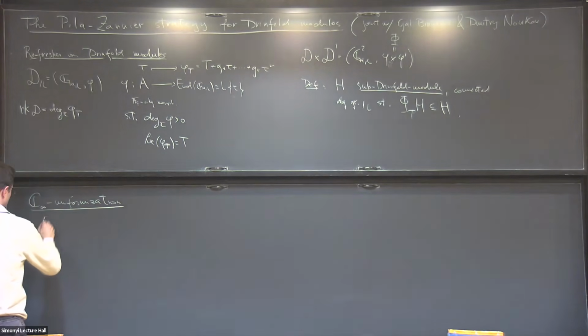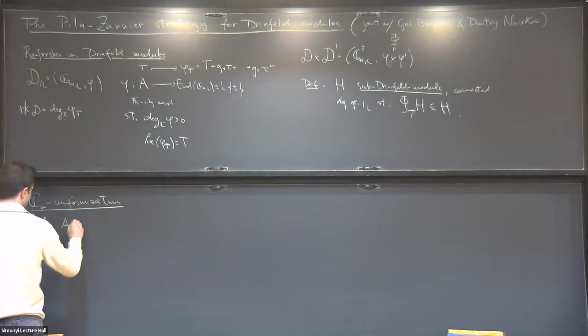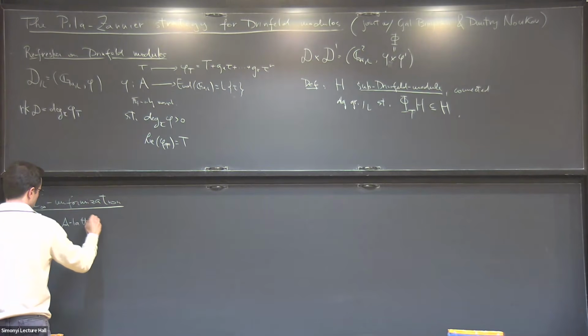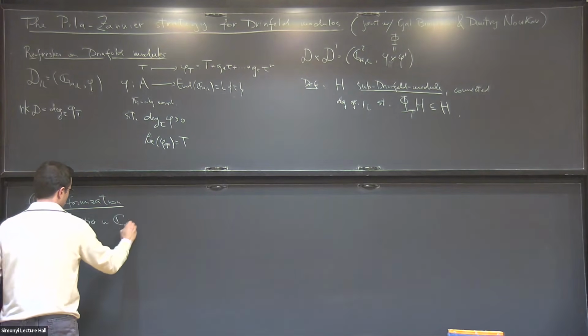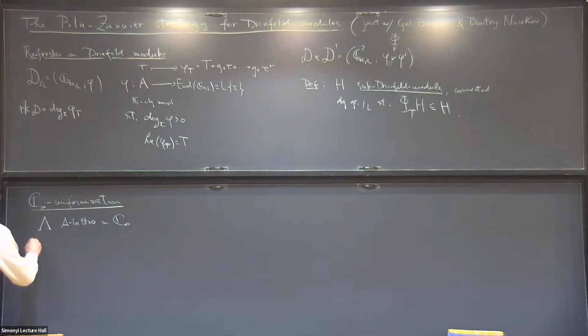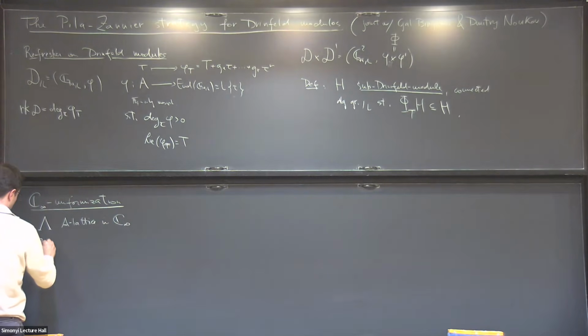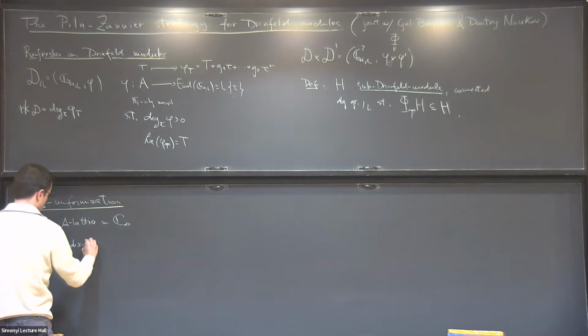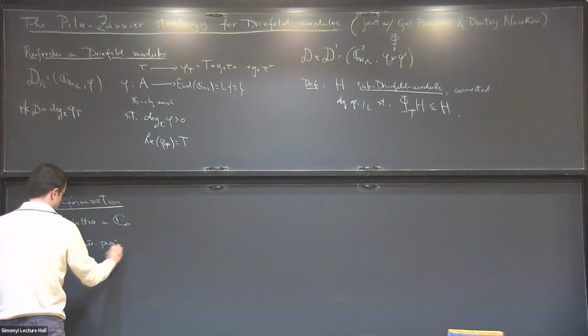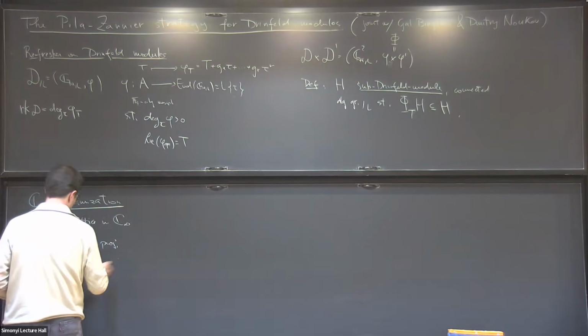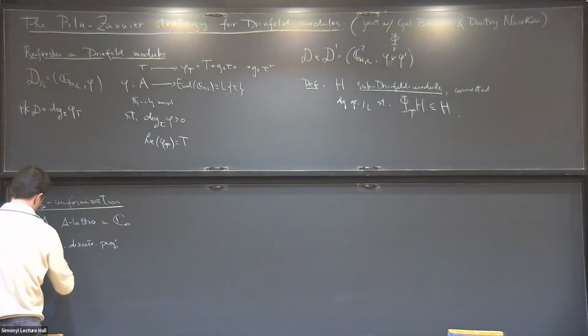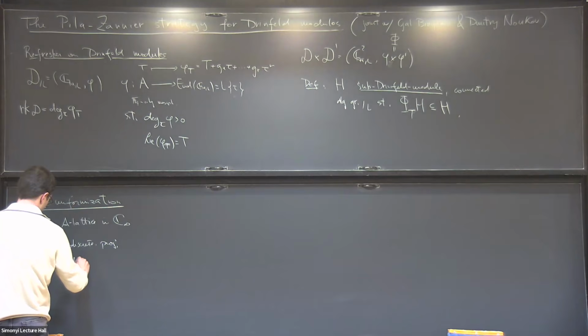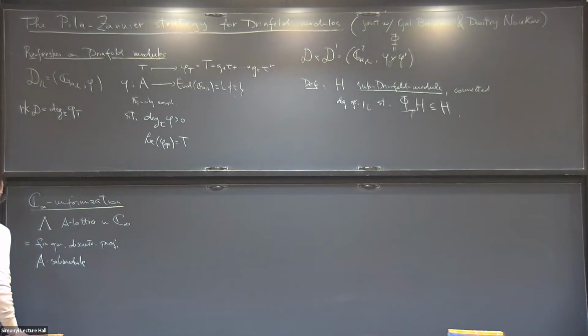Okay, so we're going to consider Lambda to be an A-lattice in C infinity, which means, as usual, a finitely generated, discrete, projective A-submodule of C infinity.